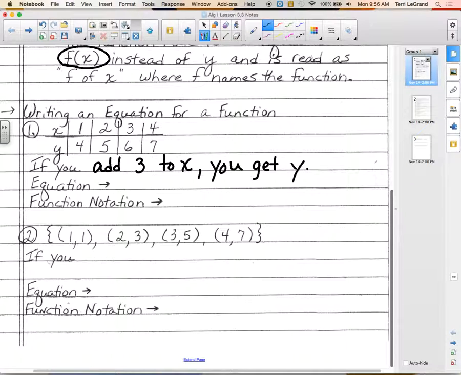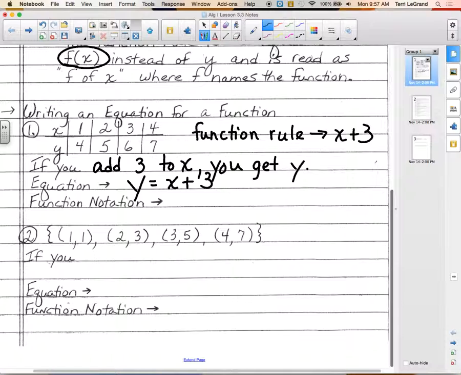So our function rule is really x plus 3. Add 3 to the x value, that's the function rule. You will get the y that you're going to set it equal to. So our equation would be y equals x plus 3. We set our function rule equal to y.